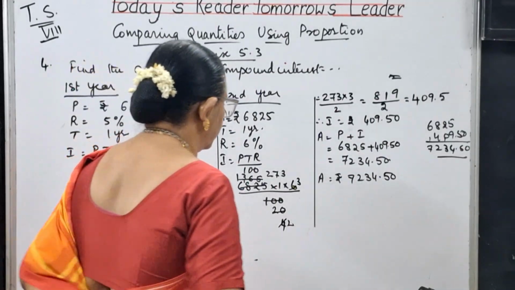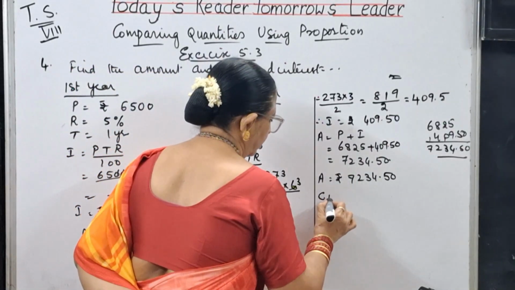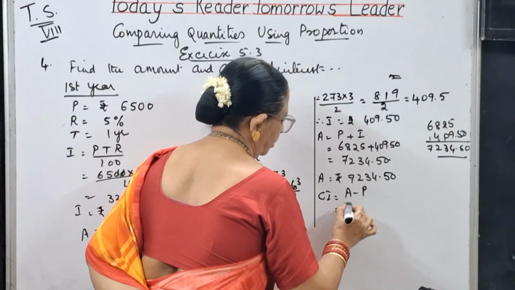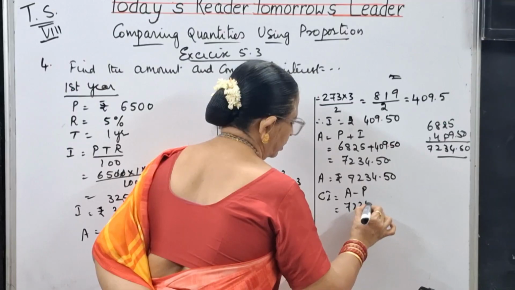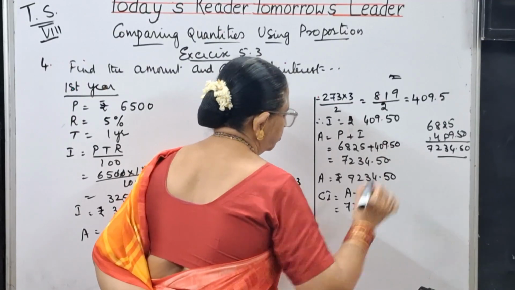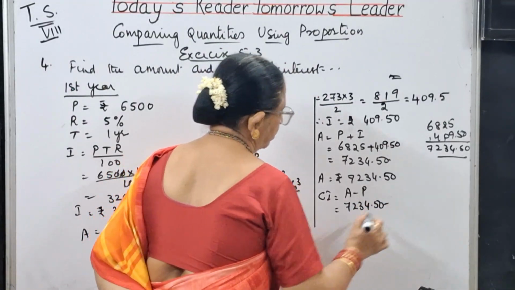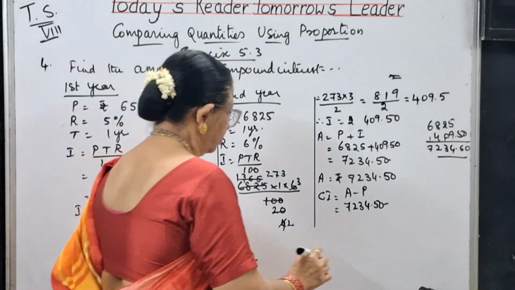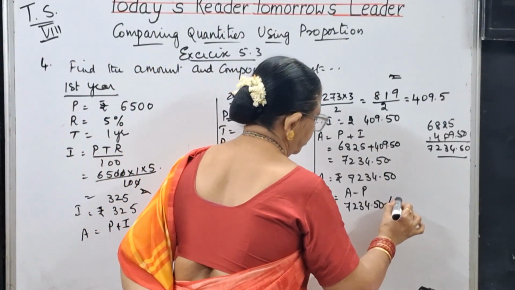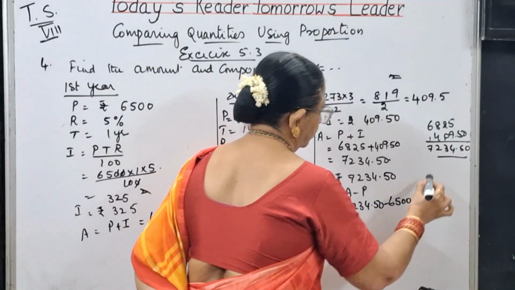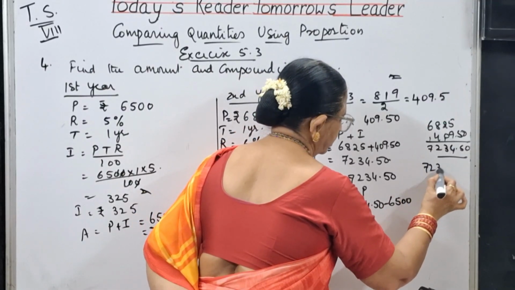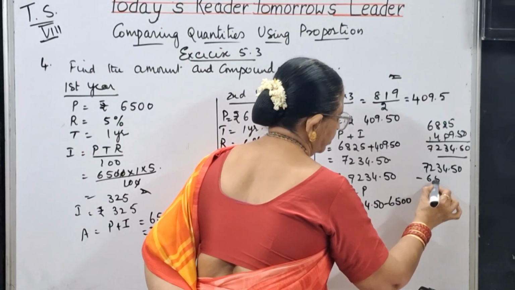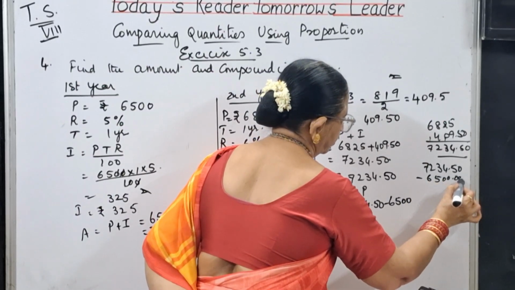Now the next one is compound interest they are asking. Compound interest is nothing but amount minus P, 7234.50 minus principal. Original principal you have to take, that is 6500. So 7234.50 minus 6500.00.